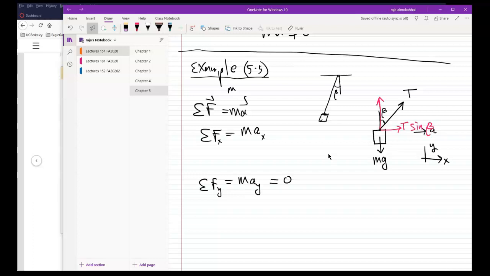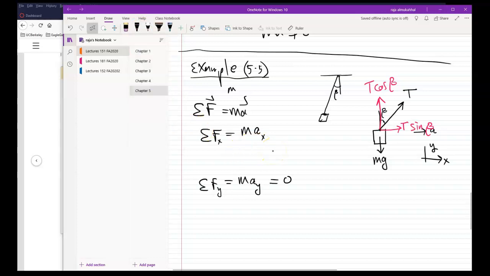And T cosine beta. Is that right? You remember the angle here is with respect to the y-axis, not the x, so you put the opposite, sine and cosine. You see what I'm saying? If you're confused about that. All right. There we go. And then I can ignore the big T here, and I'm just going to be dealing with its components, T sine and T cosine, x and y. Okay? All right.